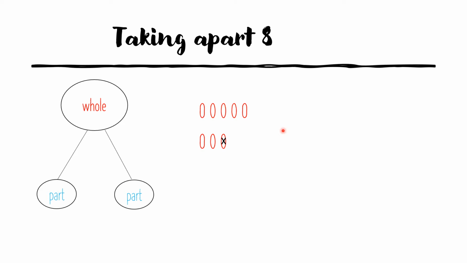But what's this? Yes, that's right. That's our crossout number. Our crossout number belongs in the parts. But that's not all we have. Then we have the rest of these circles that are not crossed out. Those are the circles that are left.